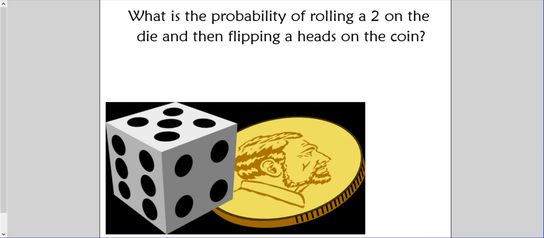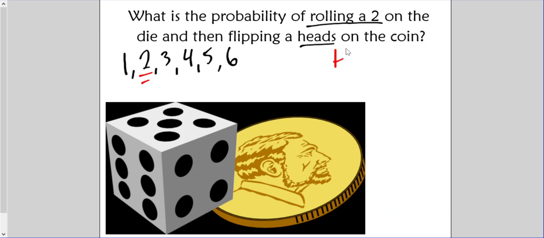What's the probability of rolling a 2 on the die? There are 6 options on a normal die, and then flipping a heads on the coin. So I want to know the chance that I get a 2, and then on a coin, there's really just heads and tails. So this has a 2, that has a 1 out of 6 chance. There's just 1 2 on there.